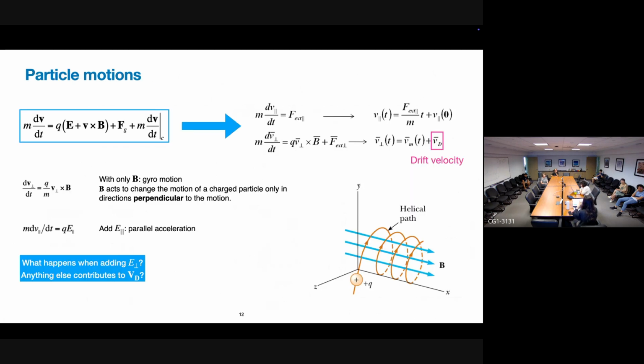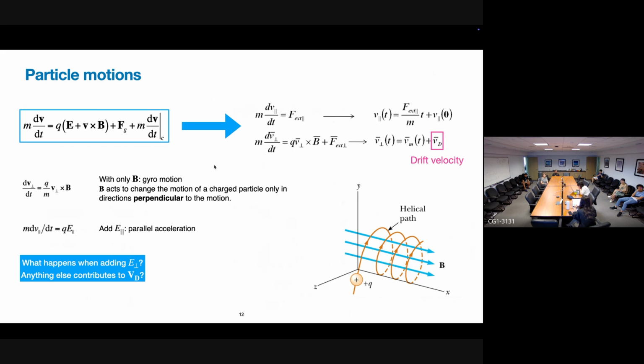Okay, we've been looking at reconnection mainly from the fields' perspective. Now we can move to look at how particles react. We start from the particle motion equation, and we can divide it into the part that's parallel to the magnetic field and the part that's perpendicular to the magnetic field.